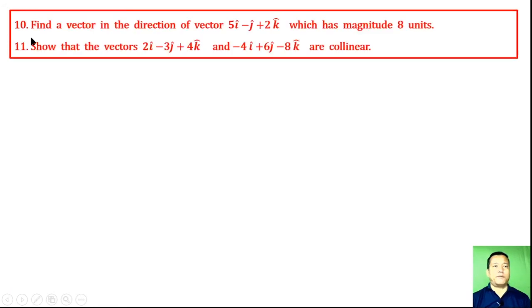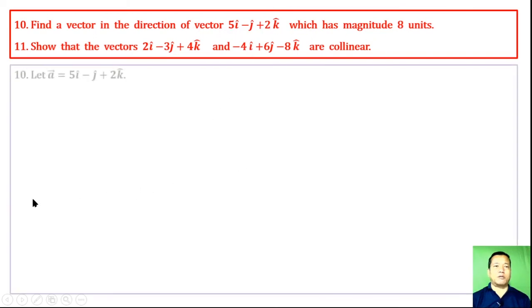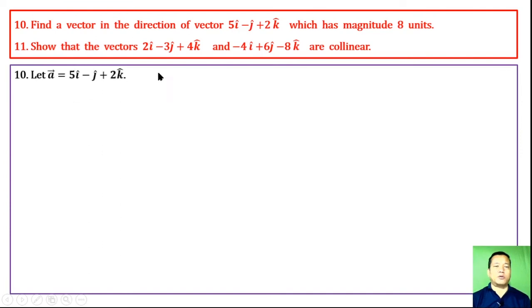For question number 10, find a vector in the direction of the vector this which has magnitude 8 units. Let a equal to this. Here the magnitude of vector a is root over 30.